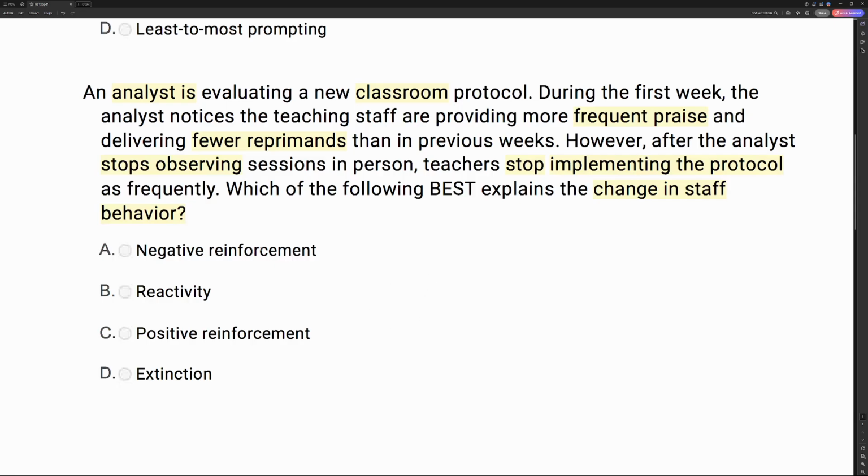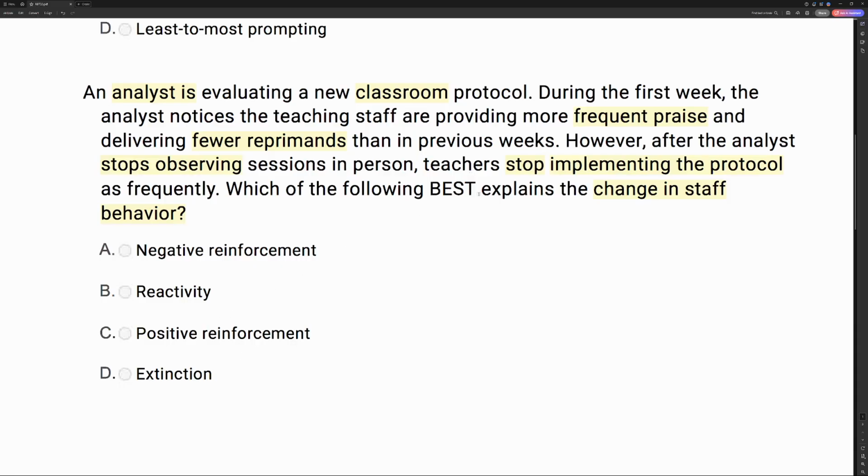Now, it's not going to be negative or positive reinforcement, not just because the teacher not being there isn't the consequence, but we also know the behavior has stopped, right? And reinforcement maintains or increases behavior. So we can immediately remove reinforcement.